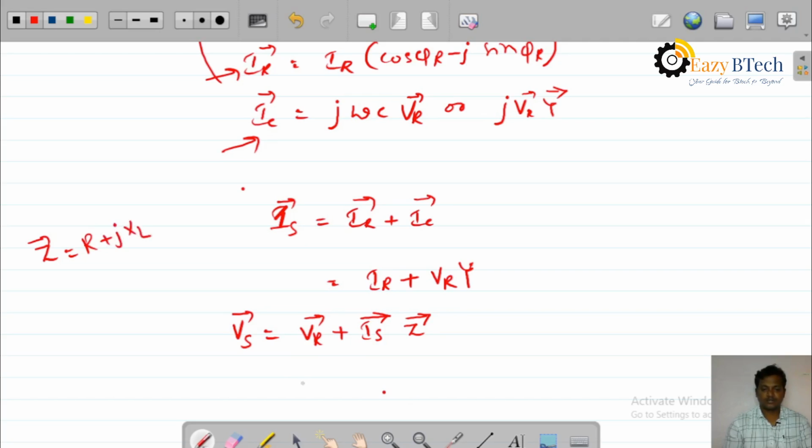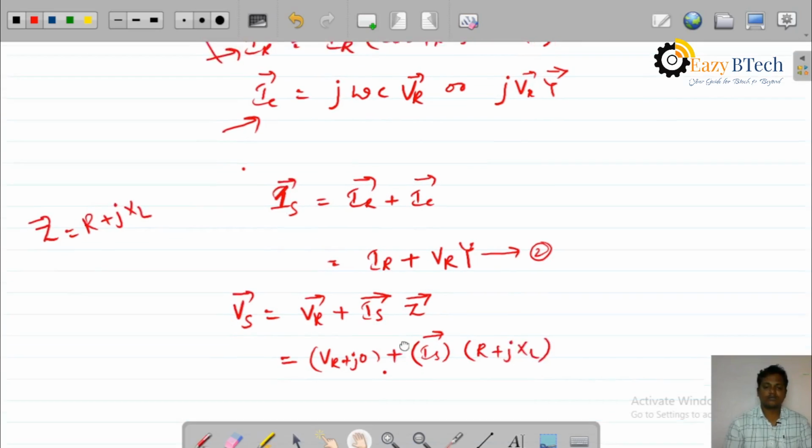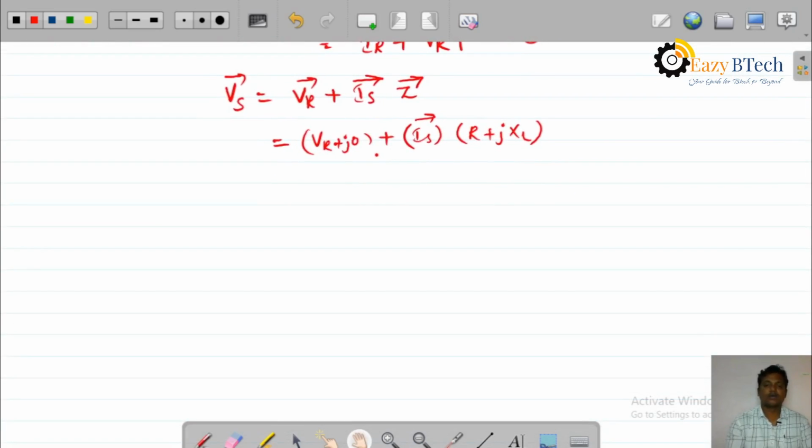If you substitute the values here, it is VR plus IS into Z vector. We calculated IS here from equation 2, and Z equals R plus J XL. Okay.